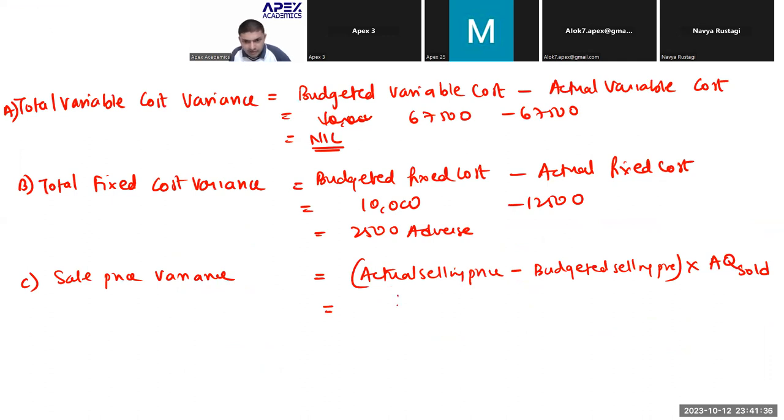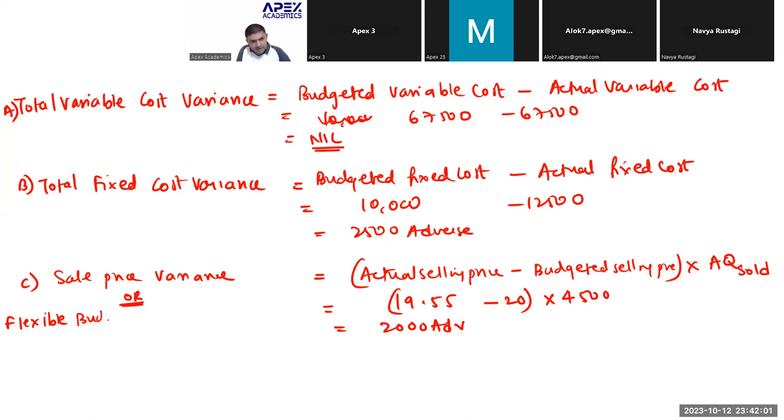What was the actual selling price we had calculated? 19.55. And budgeted selling price? It was 20. How many units are there? 4,500. So you can take this to be 2,000 adverse, or you can do it like this also.